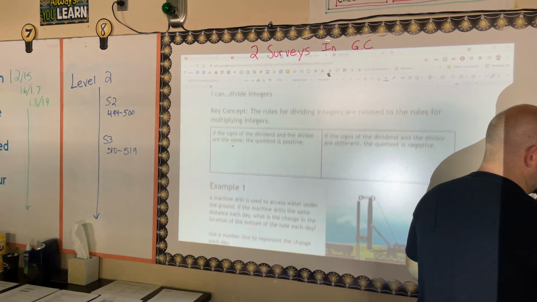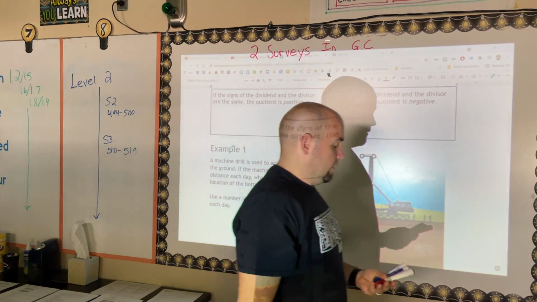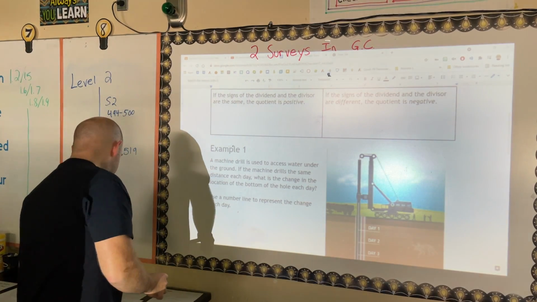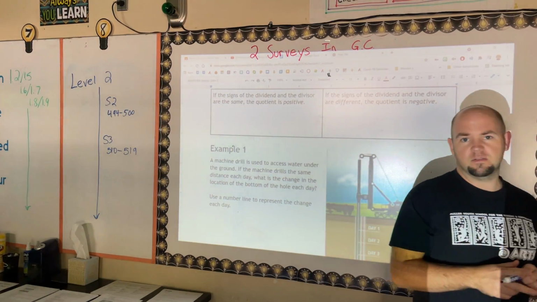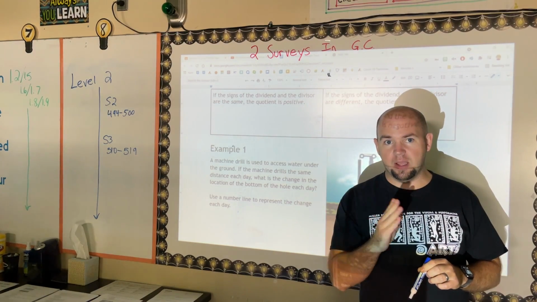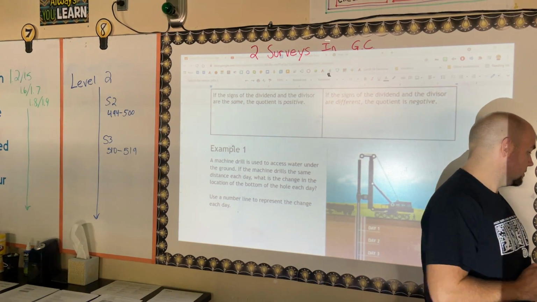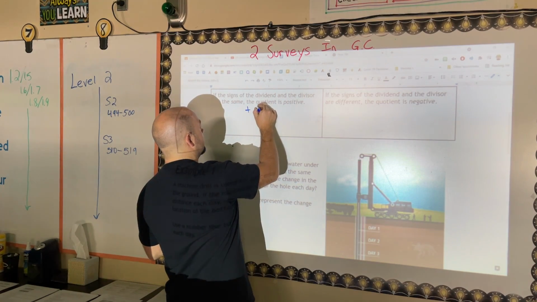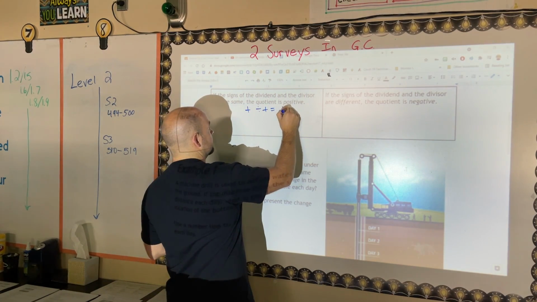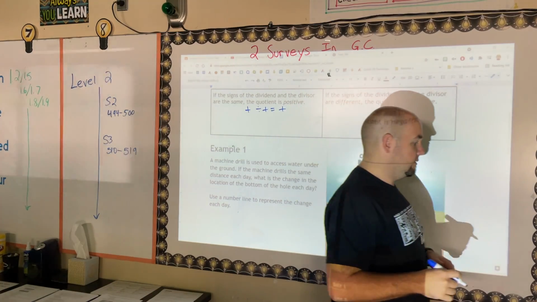If the signs are the same, we're going to have a positive quotient. So if we're looking at division problems, when you divide a number by a number, the answer is called the quotient. So here, if we've got a positive divided by a positive, we're going to have a positive number.